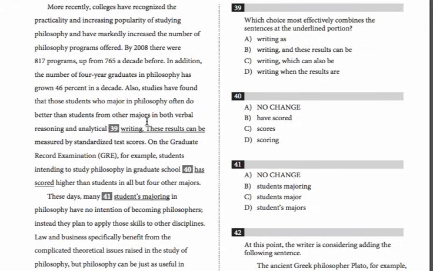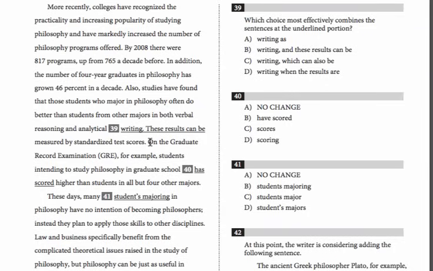All right. Do better than students from other majors in both verbal reasoning and analytical writing. And these results can be measured by test scores. No. Okay. This is bad, not only because it's unnecessarily long, but more importantly, right, you wouldn't know these results unless you had the test scores. This is trying to say as measured by test scores.